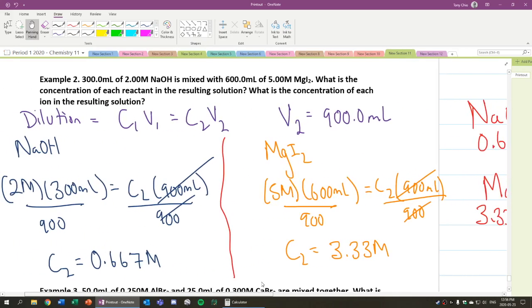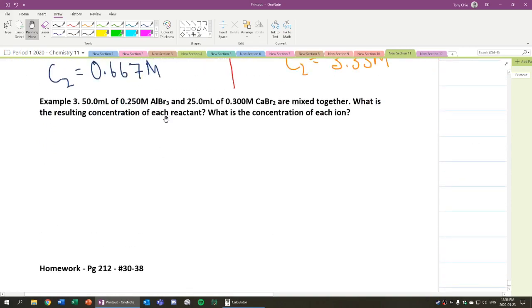Let's try the last example. Again, we have a dilution equation here. The first thing is that V2 equals 75 milliliters. Let's do aluminum bromide first.